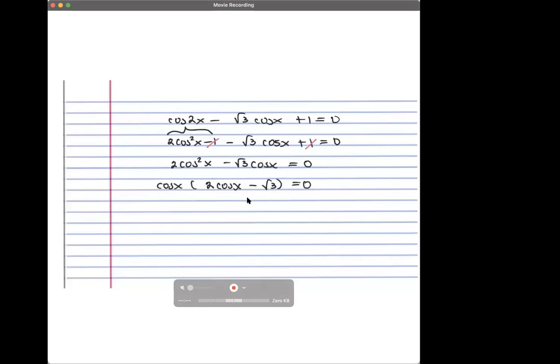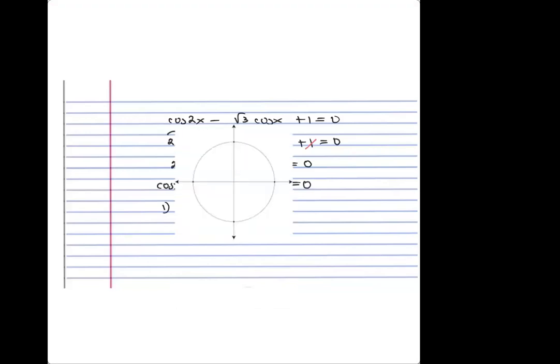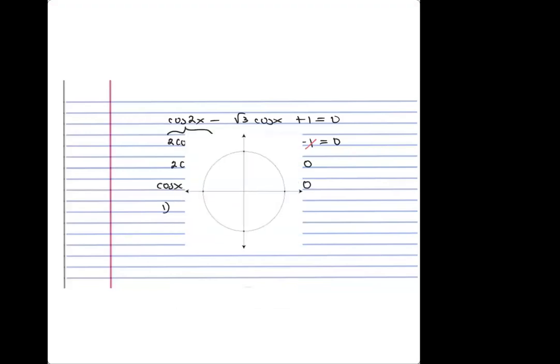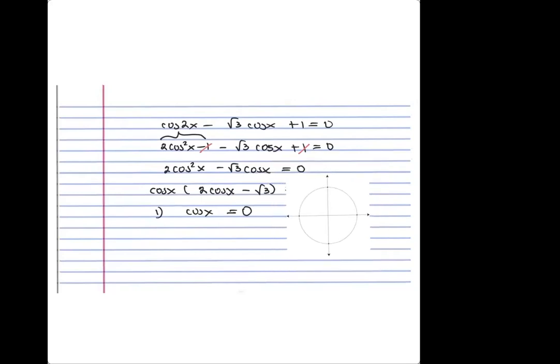Now that I've factored it, I'm going to set each factor equal to 0. So case 1, I'm going to have cosine of x equal to 0. So I'm going to introduce again that unit circle. Whenever the cosine or sine are equal to 0 or plus or minus 1, then I know that that's going to give me a quadrantal angle. And a quadrantal angle is an angle that's on the x-axis or the y-axis.